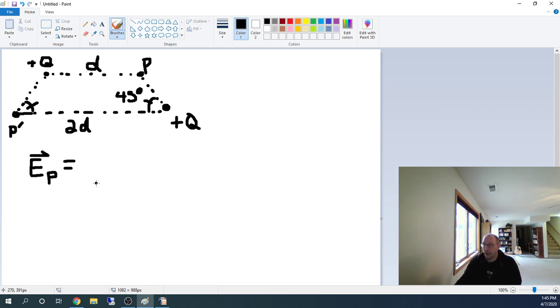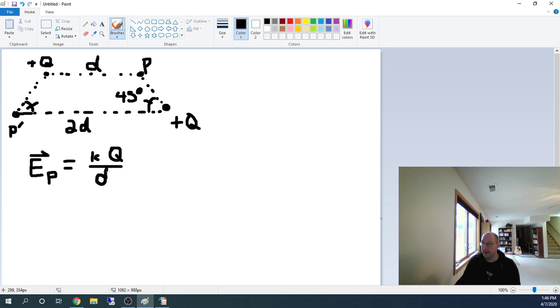Okay, so let's look at this charge right here and the electric field that it produces at point P. So that would be equal to K times the magnitude of that charge, which they're both positive, so we don't have to worry too much about that. So we got Q, and then over, now, how far is this charge here from point P? Well, to me, it looks like it's D away.